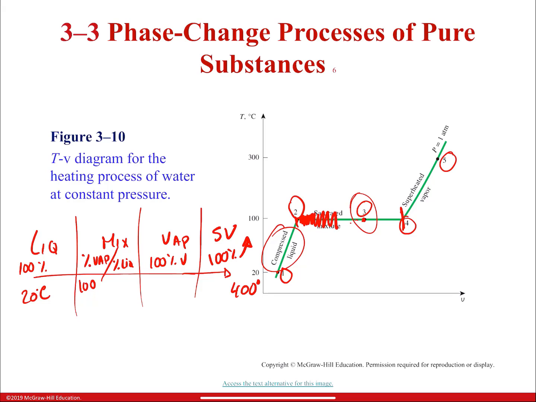Okay, so what is important is the mixture, because liquid, vapor, and superheated vapor are super simple to define, but the mixture is kind of tricky, because you need to know how much of your substance is vapor and how much of your substance is liquid. And we are going to develop the equations to do that.